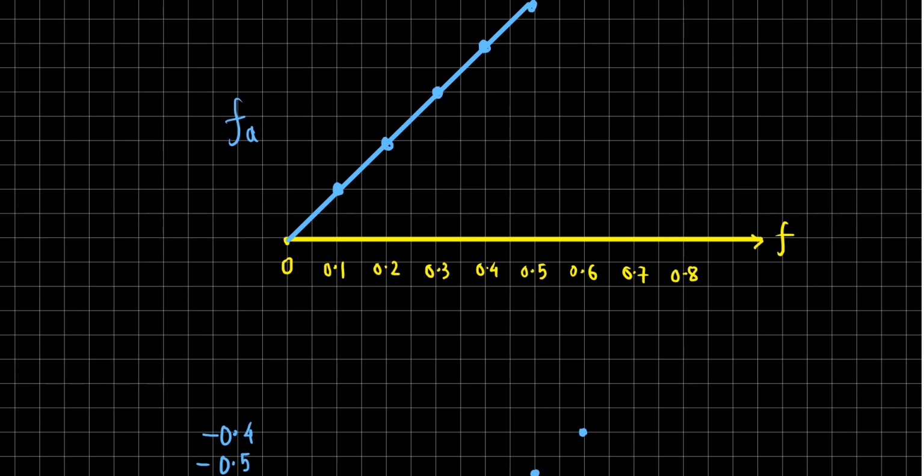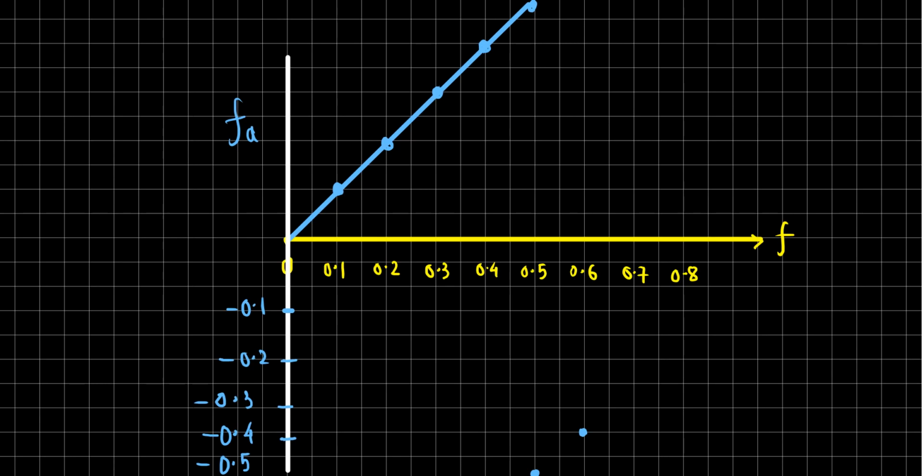On the vertical axis I'm plotting fa, so this is minus 0.1, this is minus 0.2, this is minus 0.3 and so on, minus 0.4 and minus 0.5.